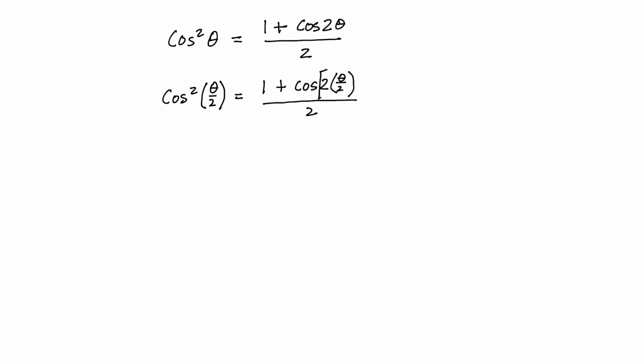And so we're taking the cosine of 2 times theta over 2, but of course, 2 times a half gives us 1. So this simplifies quite a bit here. It gives me 1 plus cosine of just regular theta all over 2.